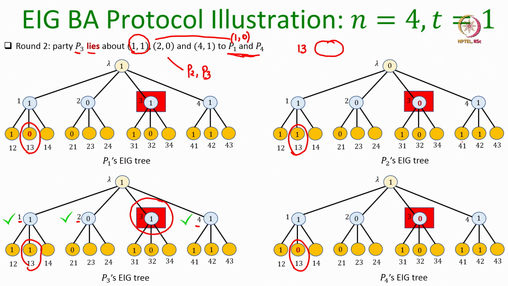In the same way, based on the second message, everyone should populate the node with label 2 3, but now P1 and P4 will have different values for the node with label 2 3 compared to parties 2 and 3.